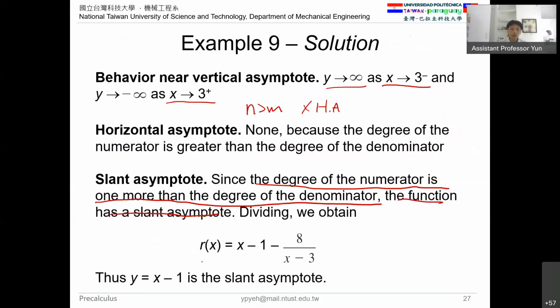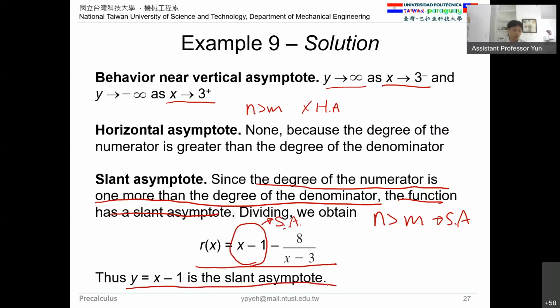As we have shown here. So as we find, since the degree of n is larger than m here, there is a slant asymptote, where the slant asymptote will be this term. Okay, so here y equal to x minus 1 is the slant asymptote as defined.